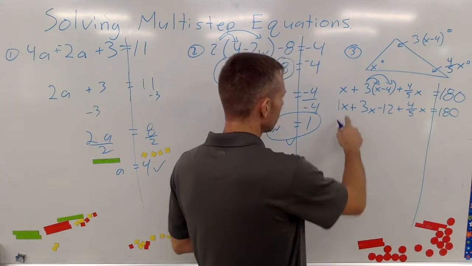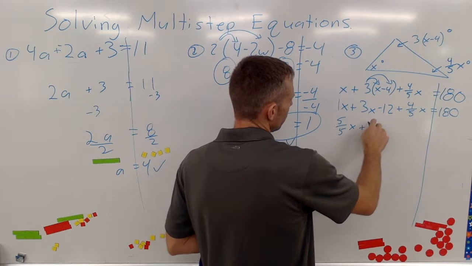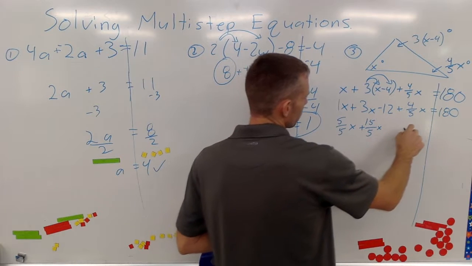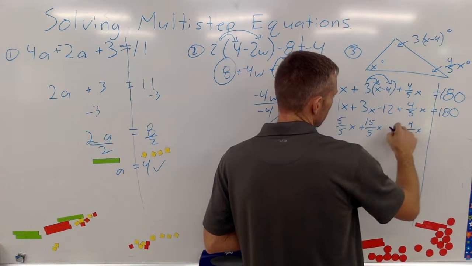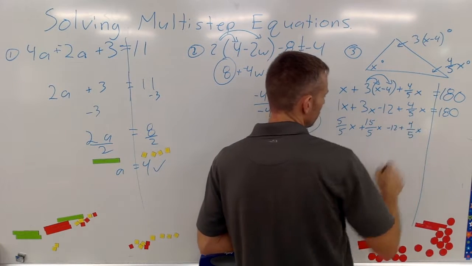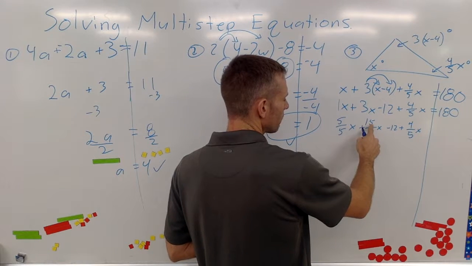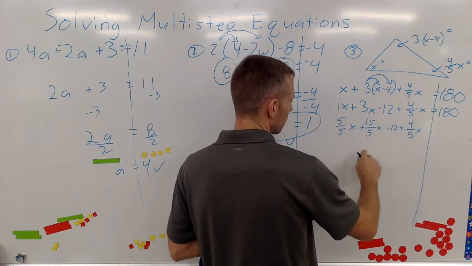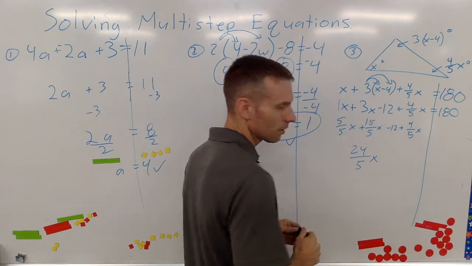I'm going to go ahead and call this 5/5 x plus 15/5 x, and this is going to be my 4/5 x, and then I got this negative 12, that's not a like term. So 5/5 x plus 15/5 x is 20/5 x, plus this is 24/5 x, okay?